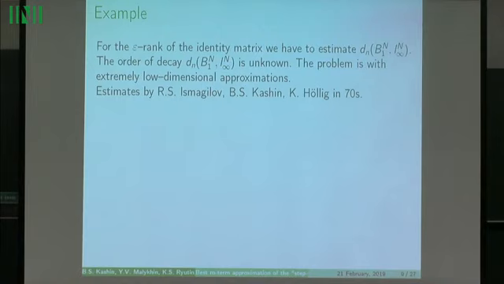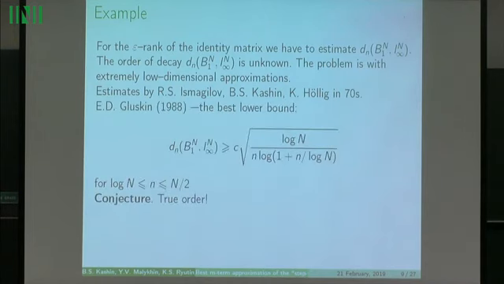The problem is with extremely low dimensional approximations. And I have to tell that the first estimates on this quantity were obtained by Ismagilov, Kashin, Höllig in the 70s, and I think that the best result up to now was obtained by Gluskin in his paper called "Octahedron is poorly approximated by random subspaces."